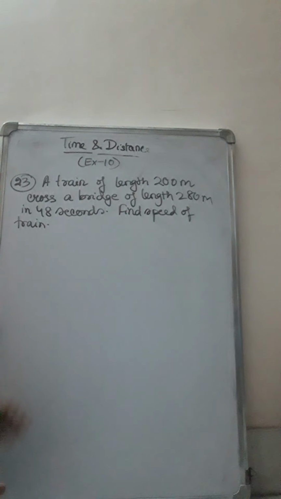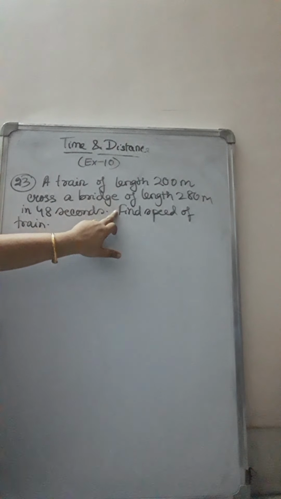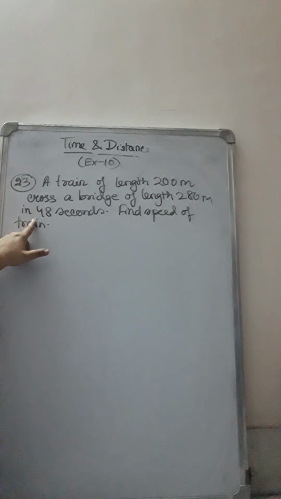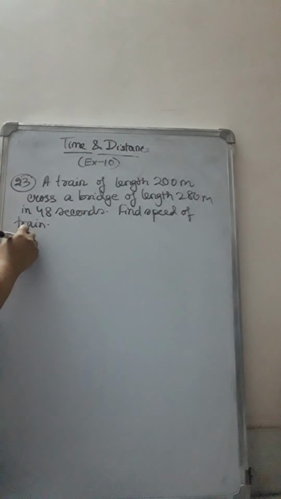So here the length of the train is provided and it is crossing a bridge whose length is also given. The time to cross is given. You need to find the speed. So very easy.